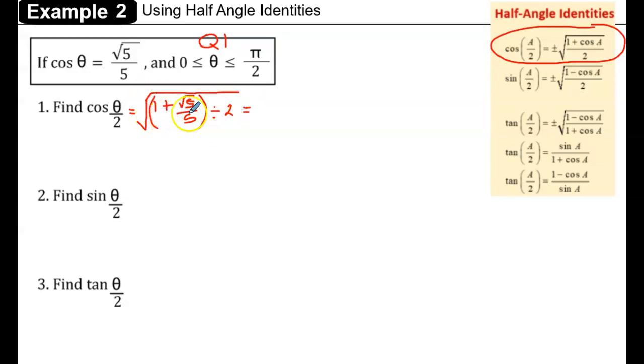Then we need a common denominator of 5 in order to add these fractions. That's going to be 5 plus the square root of 5 in the numerator, all divided by our common denominator of 5. Dividing by 2 is the same as multiplying by 1/2.